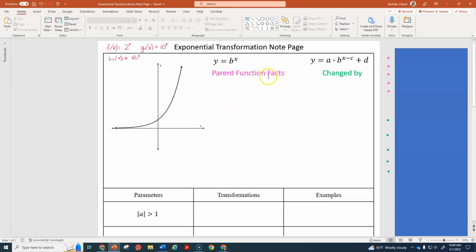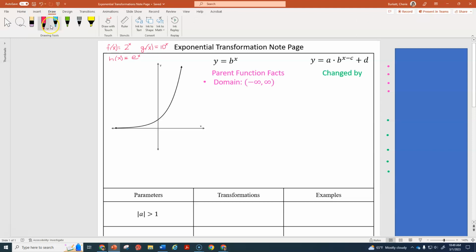So, some parent function facts. We've already learned this, so I'll go over it. When you have one of these 3 parent functions, the domain is going to be all real numbers. And before I forget, the parent function that I have listed right here does have an a, b, and c value.